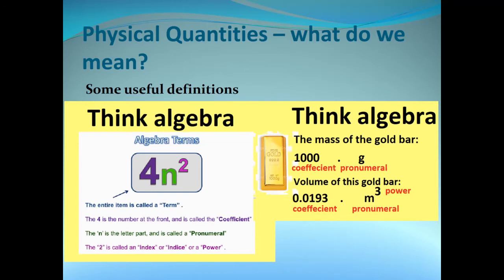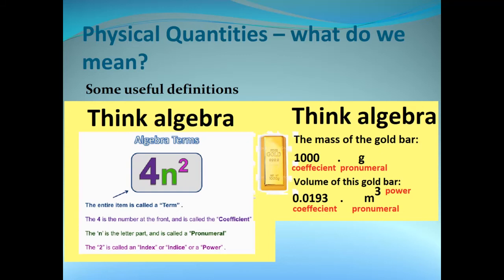Okay, that is the term. The 4 is the number at the front. It's called the coefficient. The n is the letter part. It is called the pronumeral. So 4, if the n was 2, 4 times 2 is 8. If n was 4, 4 times 4 is 16. Then there might be an index or a power for that term.